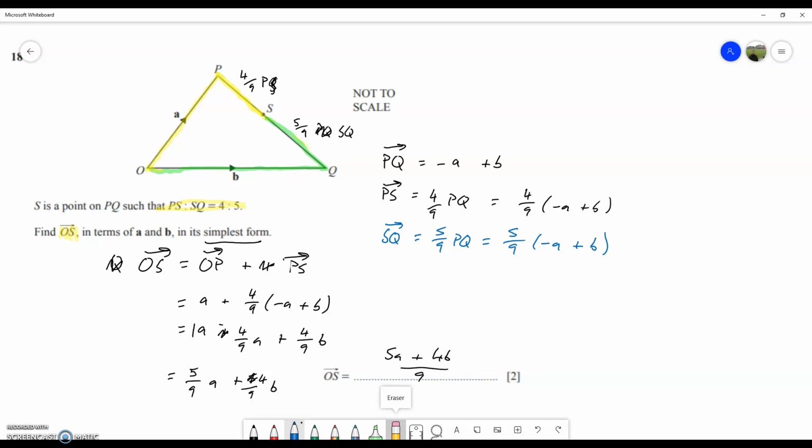So then with our answer of doing O to S, we can get that it must be O to Q minus, because we've said that it's S to Q, it must be minus 5/9.